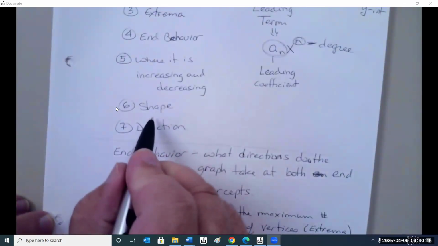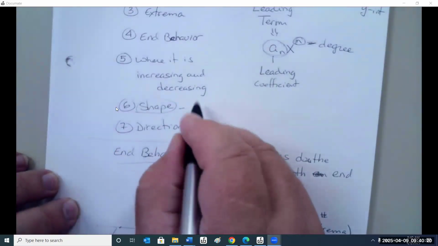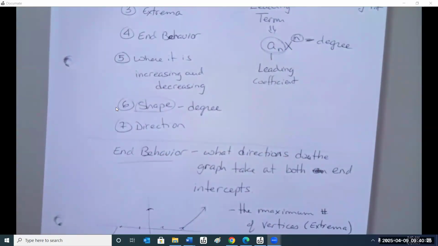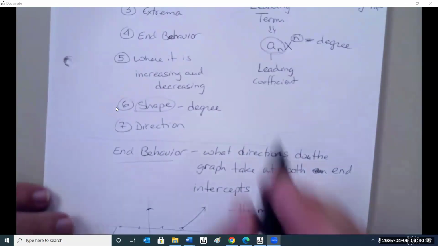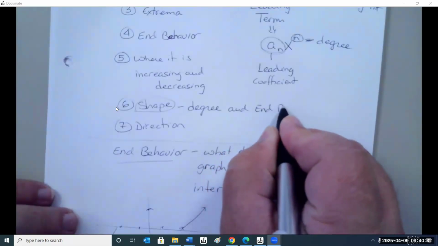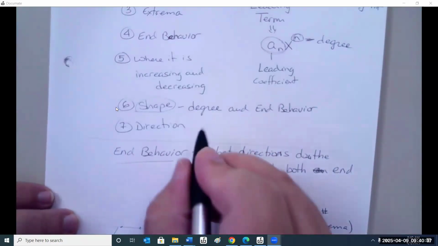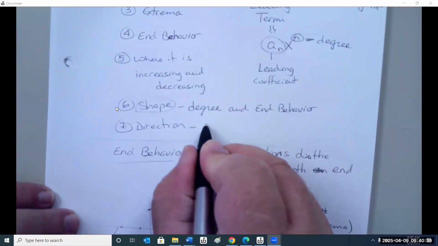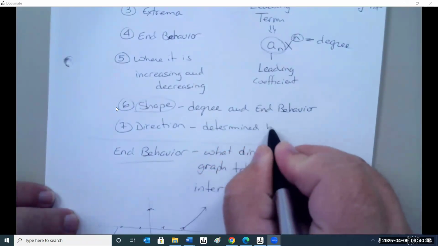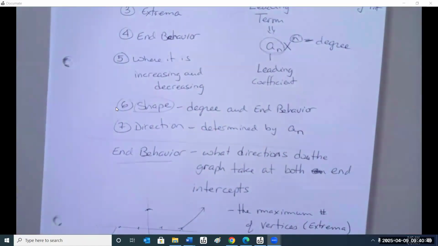So the shape of the graph is determined by the degree, and the end behavior, the direction, is determined by the leading coefficient, a sub n.